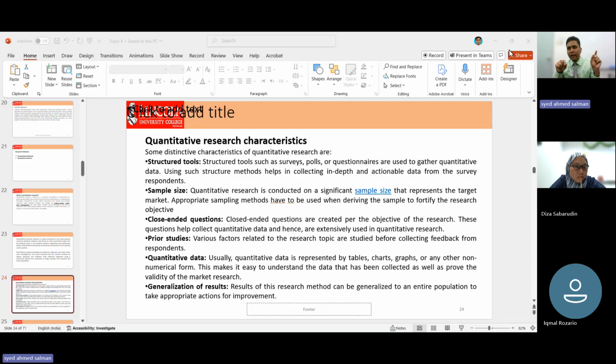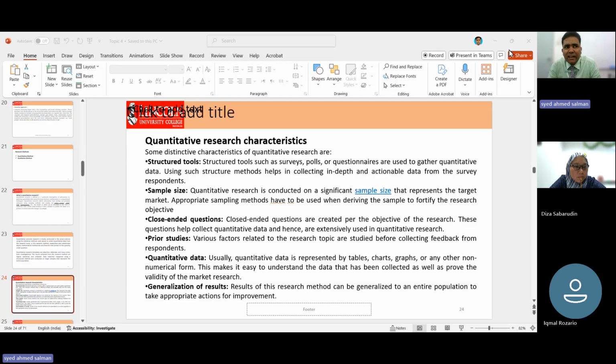As I told you in the previous slide, you must have a large population. Only if you have a large research population will you be able to understand the sample size. And in the quantitative method, you have to take the sample from the research population.